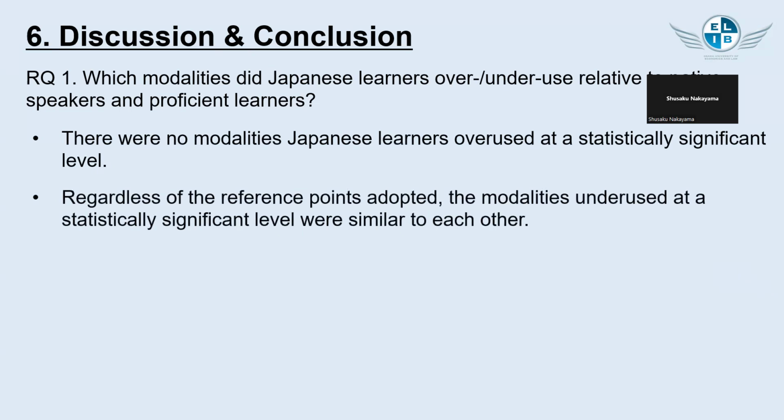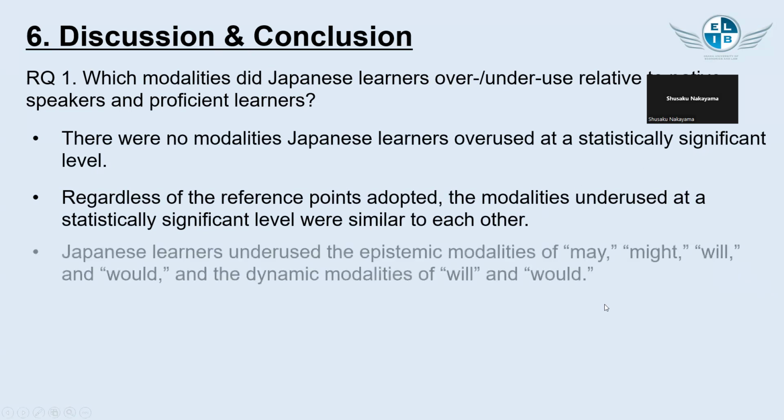Interestingly, regardless of which reference point was used, the modalities Japanese learners underused didn't widely differ from each other. Specifically, Japanese learners tended to underuse the epistemic modalities of may, might, will, would, and the dynamic modalities of will and would. These modalities were underused by all the levels of learners.